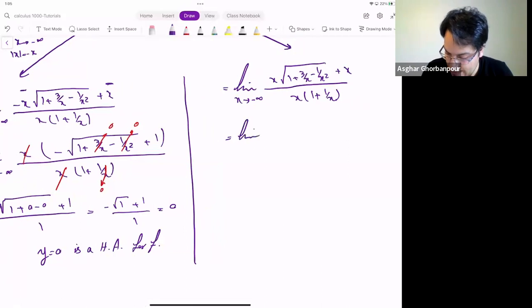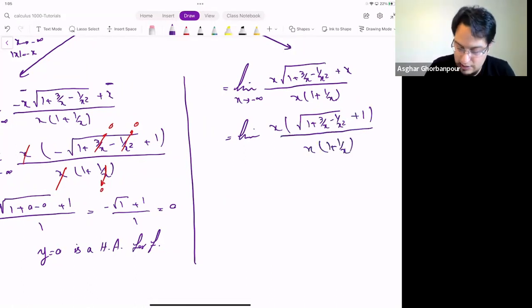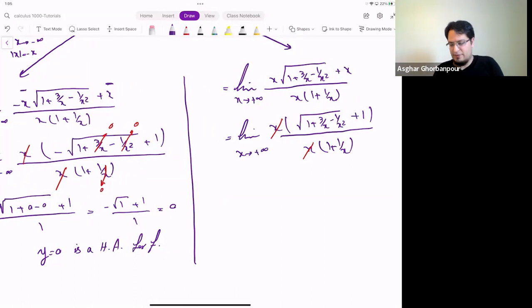So then I can factor out x. I'm going a little bit fast, I understand, but I hope that you have seen enough of this work in this session that you can just go and do the details yourself. Well, sorry, this was for plus infinity.